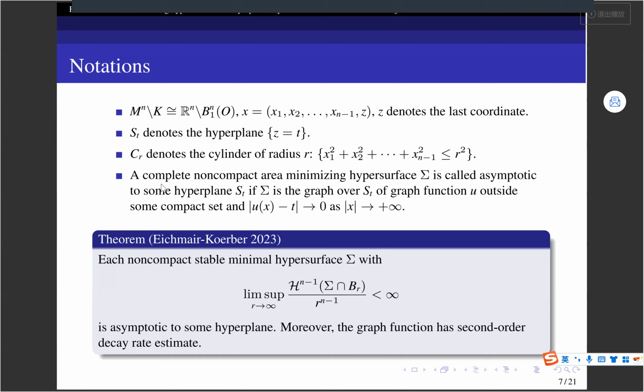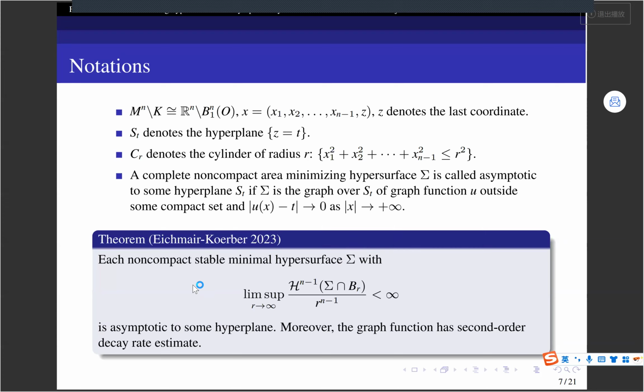And lastly, we say a complete non-compact area minimizing hypersurface is asymptotic to some hyperplane S_T if it can be written as a graph outside some compact set, and the graph function tends to 0 when x tends to infinity.